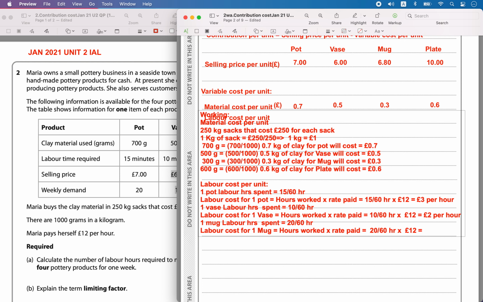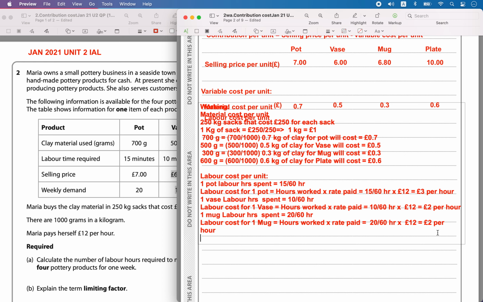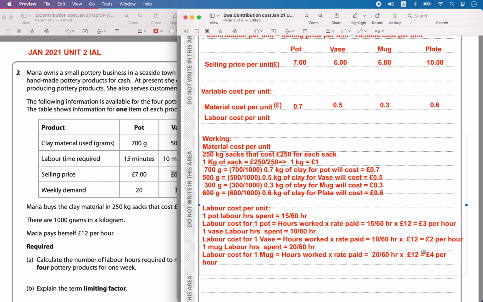So that is going to be equal to 20 divided by 60 into 12. So that is equal to 4 pounds. So she is getting paid 4 pounds for the mug.